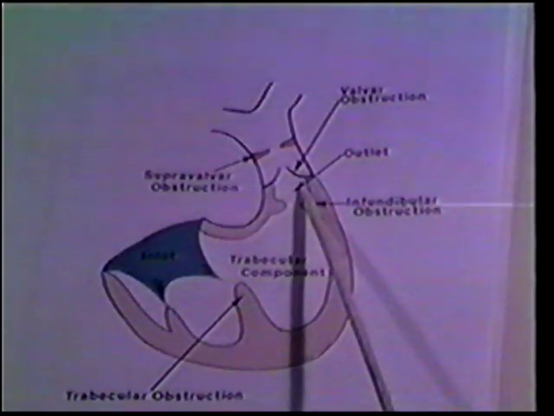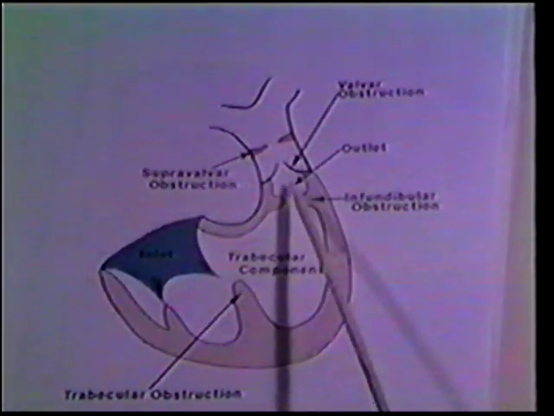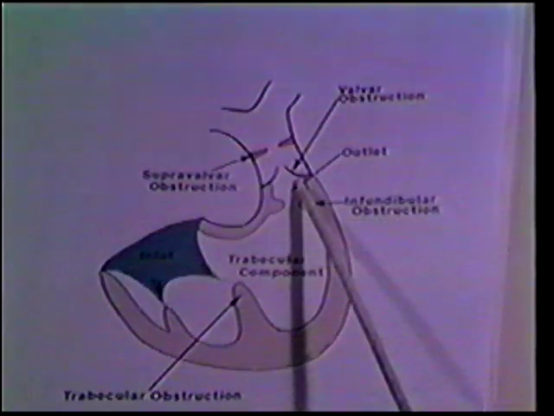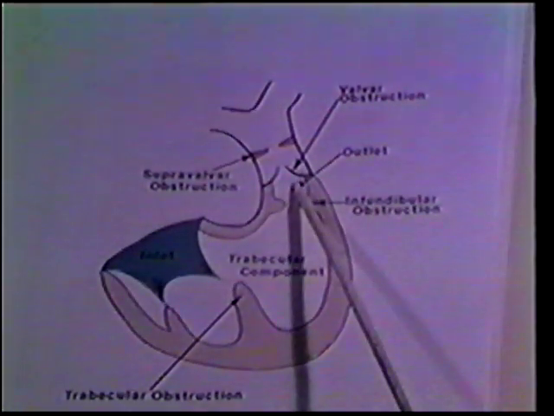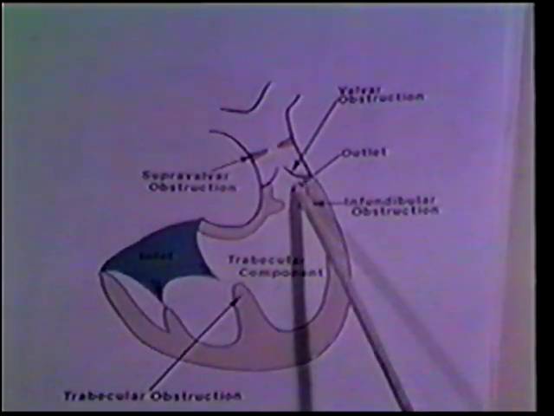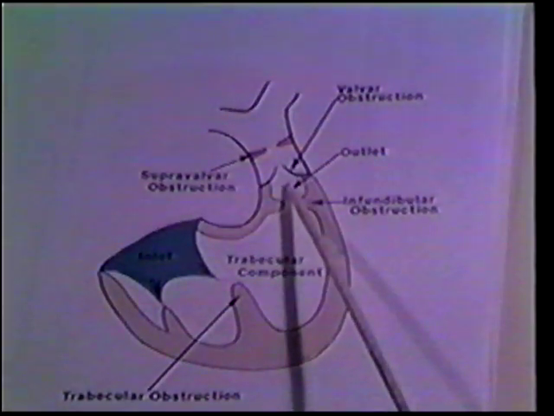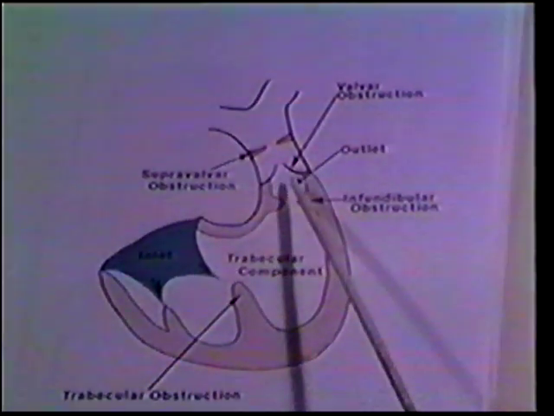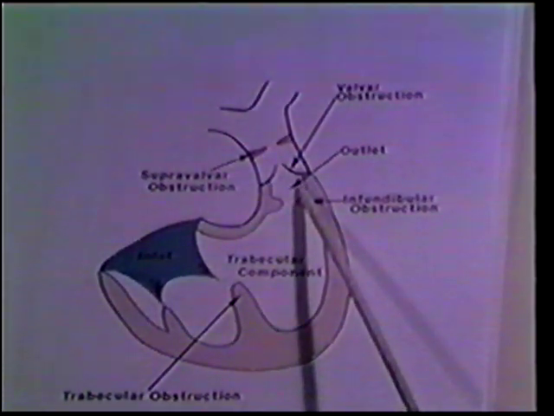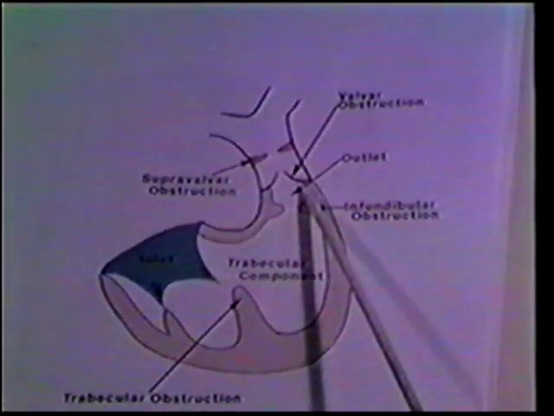In terms of valvar stenosis, the valve can be dome-shaped with a central orifice. Less frequently, we find a valve with three leaflets which are fused together, leaving a very restrictive orifice. But more usually, the valvar leaflets themselves are grossly thickened and dysplastic.